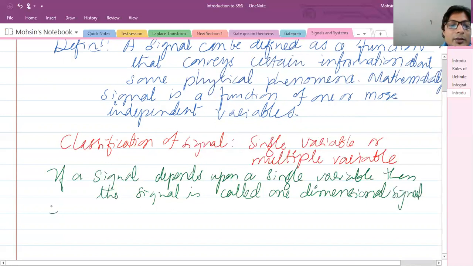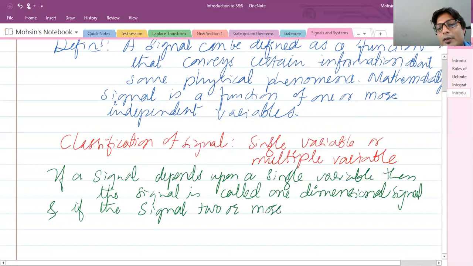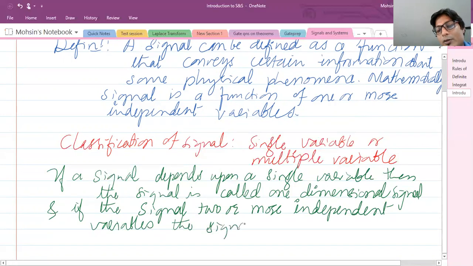And if the signal depends upon two or more independent variables, in that case the signal is called a multidimensional signal.